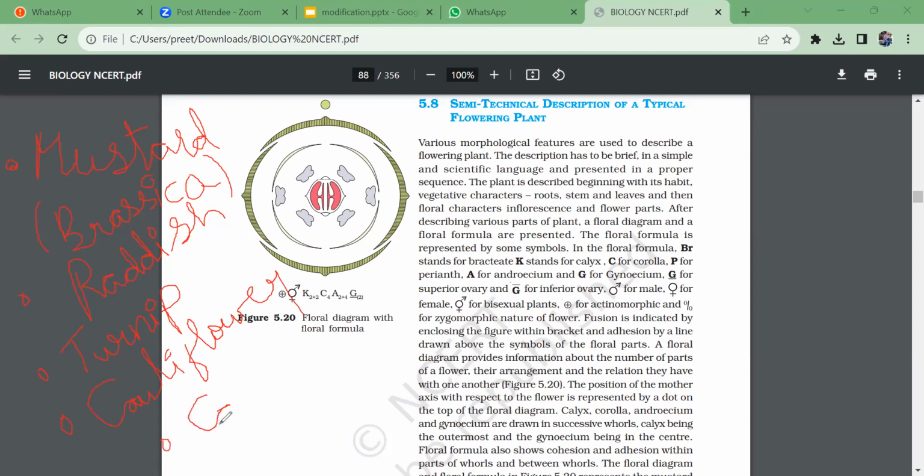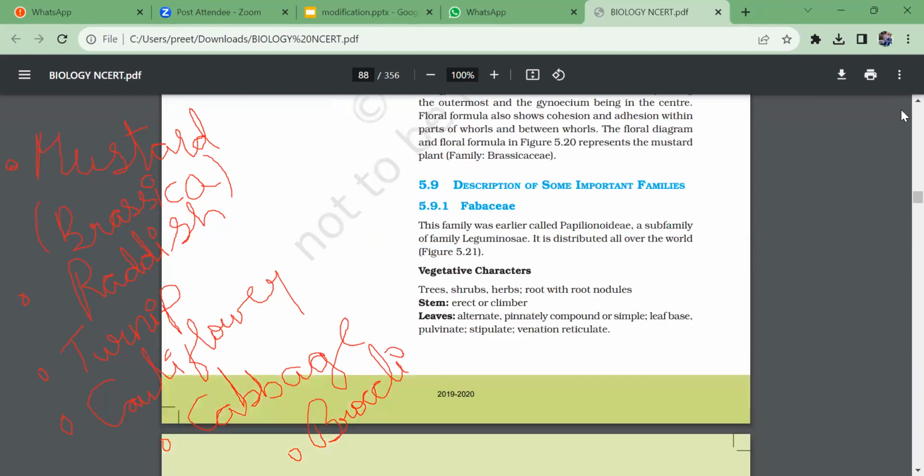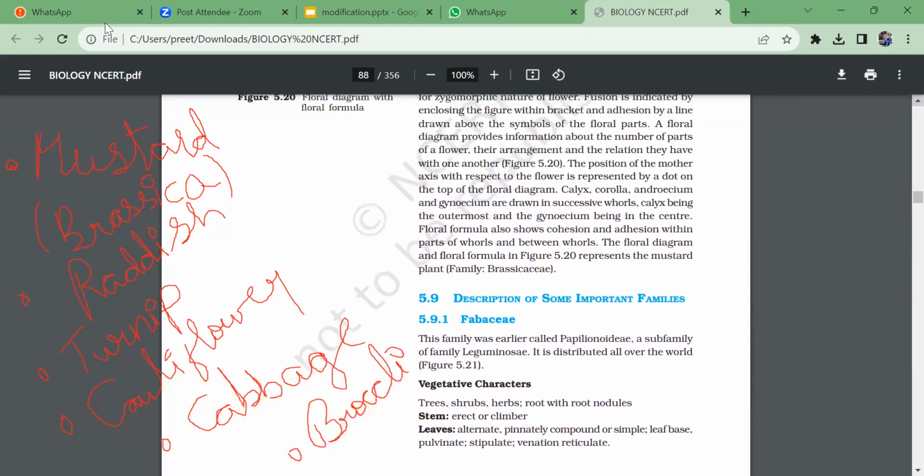Fifth one is cabbage. Sixth is broccoli. These are the examples for family Brassicaceae. Once you're done, let me know. Put it in the chat box, please. Yes, ma'am.